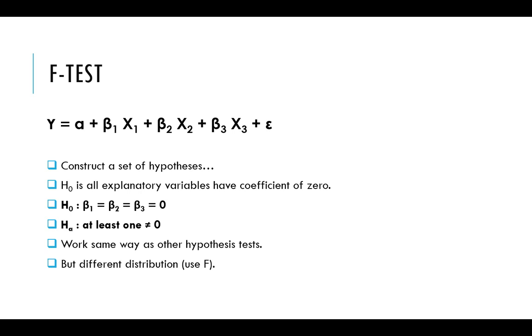But in this case, we're using a different distribution. Well, this is called an F-test, so not surprisingly, we're using the F distribution. But we also get back a p-value, and you already understand p-values, right? P-values are the probability of a type 1 error, right? Rejecting the null hypothesis when we shouldn't have, when indeed it is actually true.